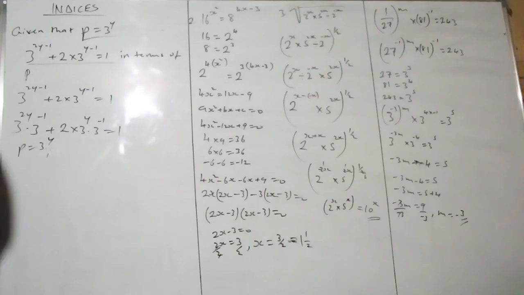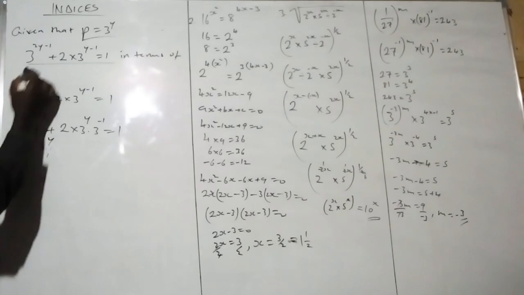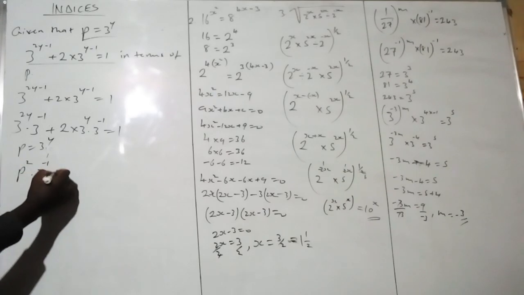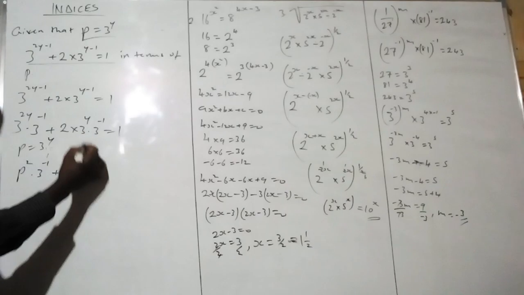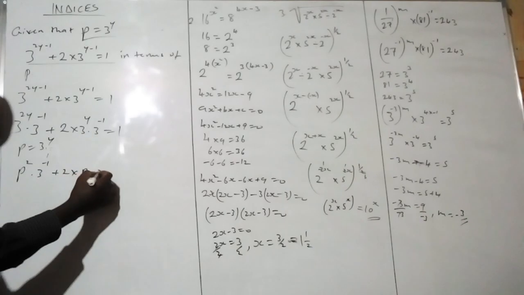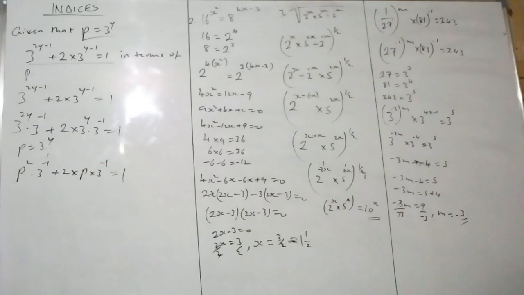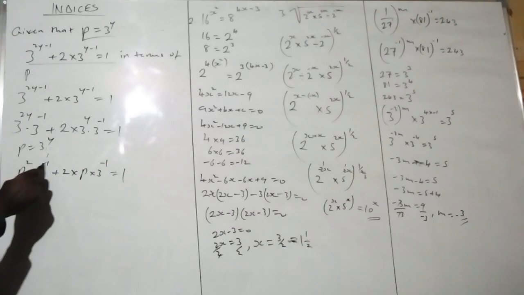For the first one, you can say P squared times 3 raised power negative 1 plus 2 times p times 3 raised to power negative 1 is equals to 1. To have 3 raised to power negative 1 is the same as p squared.